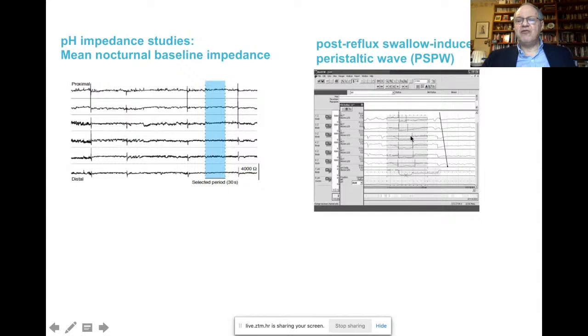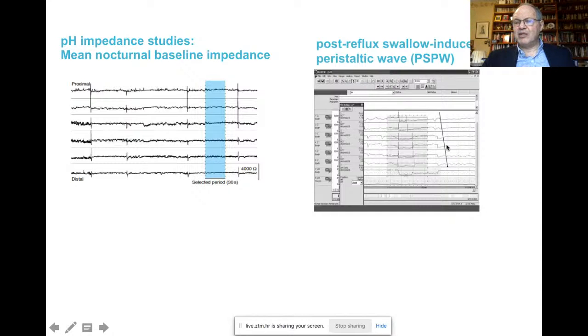This reflux episode is triggering a reflex swallow. This is a vagal reflex. When the esophageal mucosa is acidified, that triggers increased salivary secretion carrying bicarbonate. The augmented volume of saliva in the mouth triggers swallowing. And this is within the 30 seconds after a reflux, called the post-reflux swallow-induced peristaltic wave.